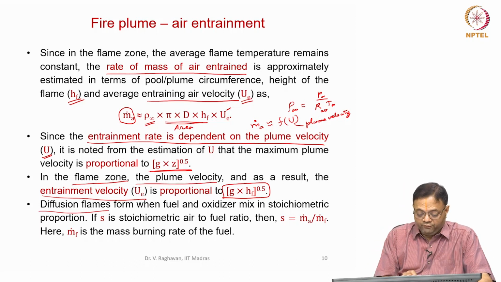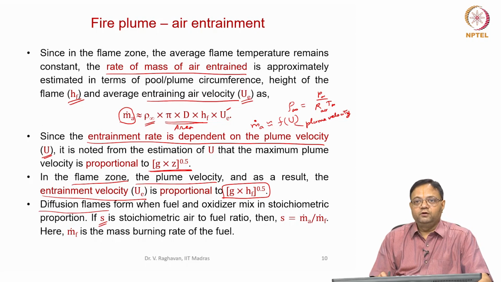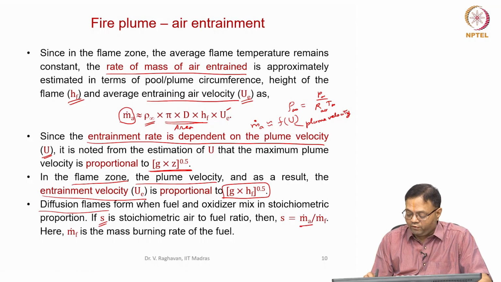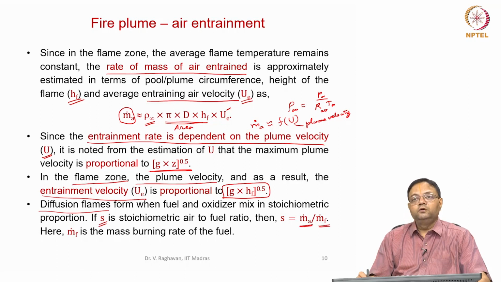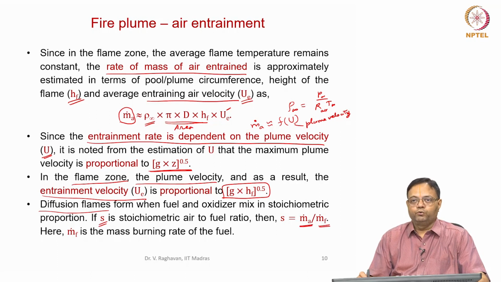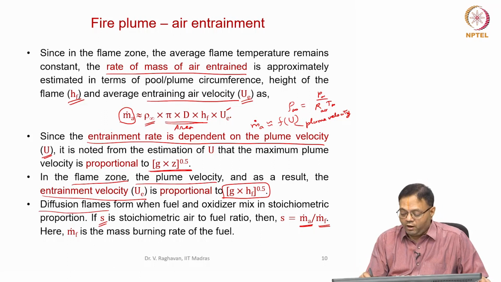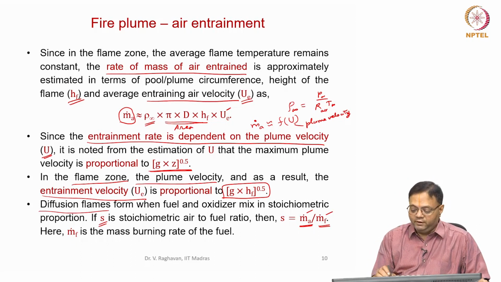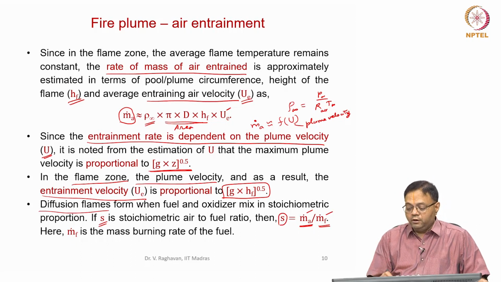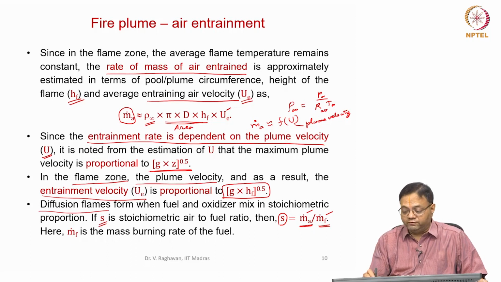So, if S is the stoichiometric air fuel ratio, what is the stoichiometric air fuel ratio? It is the mass of air required to burn a given mass of fuel. That is, in terms of flow rates, the mass flow rate of air divided by the mass flow rate of fuel. That will be the stoichiometric air fuel ratio, which is completely going to burn the fuel.